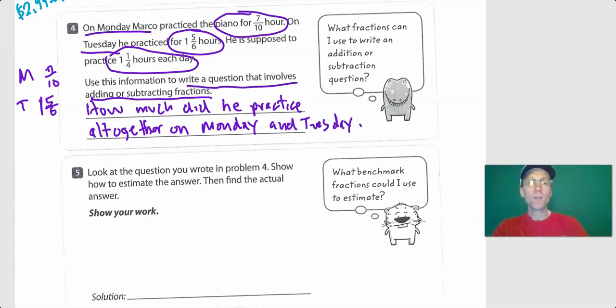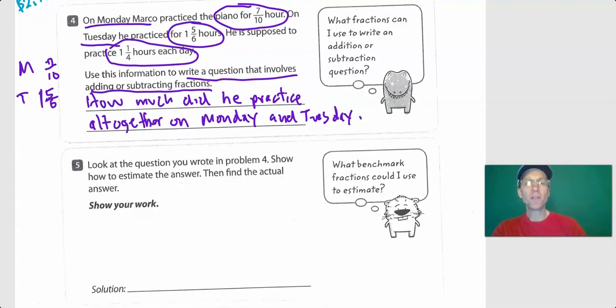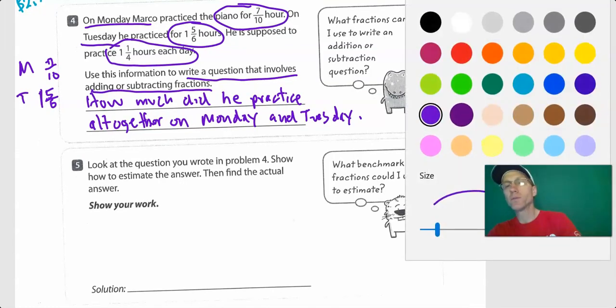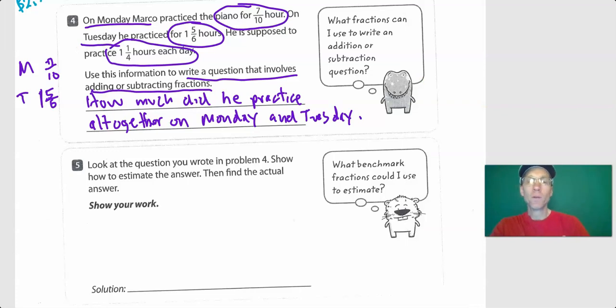Now this next part says, look at the question you wrote in problem 4, show how to estimate the answer, and then find the actual. We talked about that before, so we're going to estimate, and then we're going to find the actual.